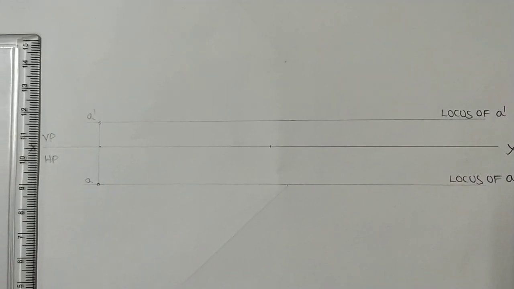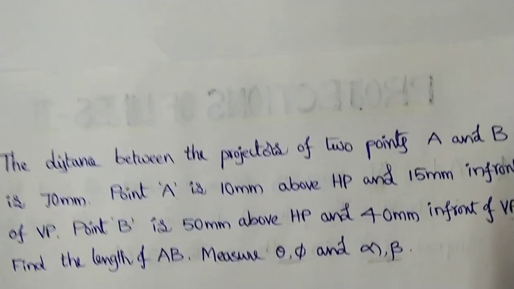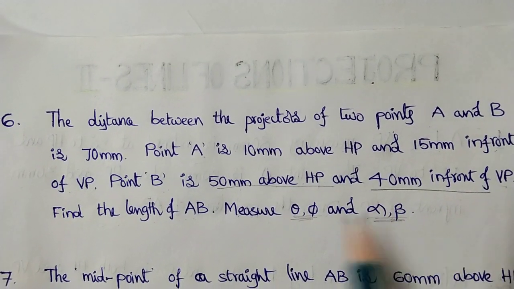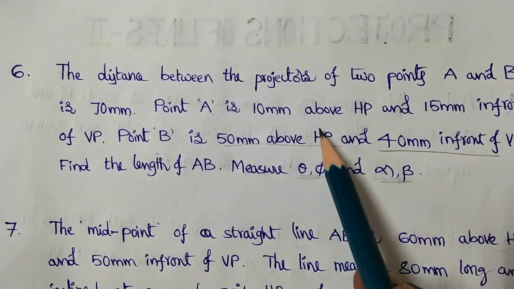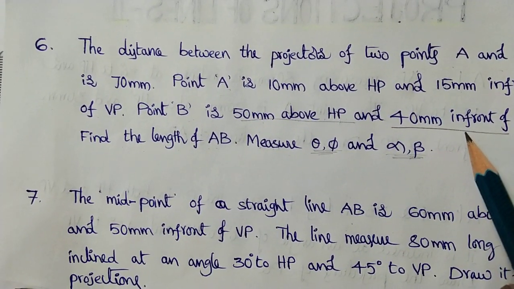And similarly we have the data of point B also, that is 50 mm above HP, similarly 40 mm in front of VP. So 50 mm above the reference line we should construct locus of B dash, similarly 40 mm below the reference line we should construct locus of B. That is what I am going to construct.